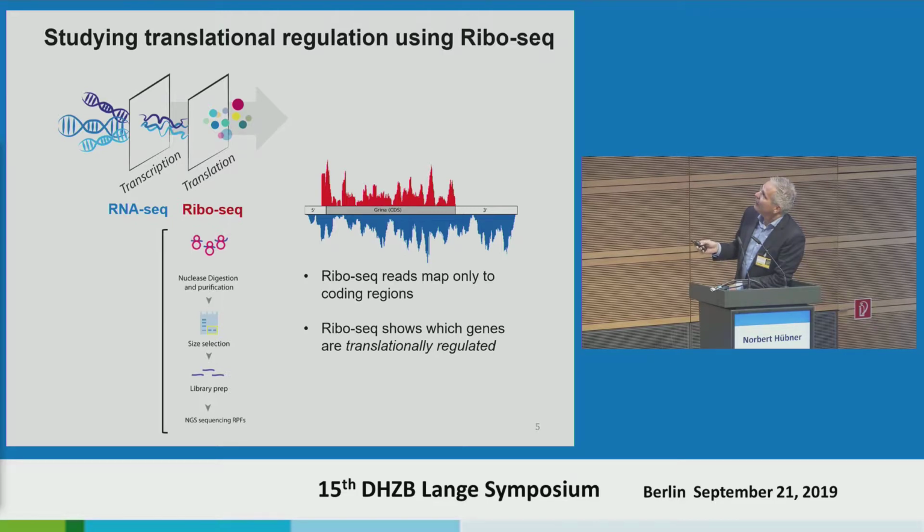But if we look at the gene body and where the ribosome sits, we can see which portion of the genome is actively translated into proteins. And we can then map those ribosome-protected reads to the specific genes, and we can show which genes are translationally regulated and not only transcriptionally regulated.